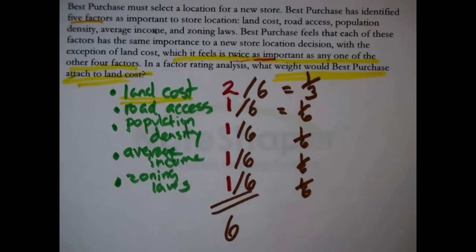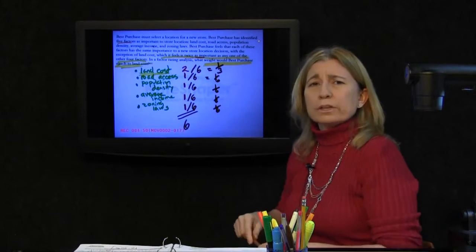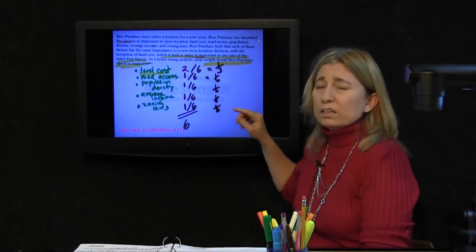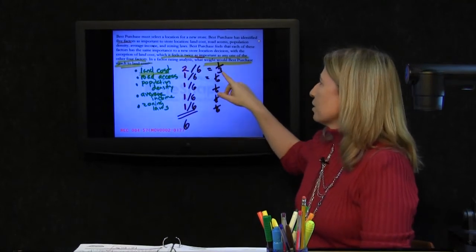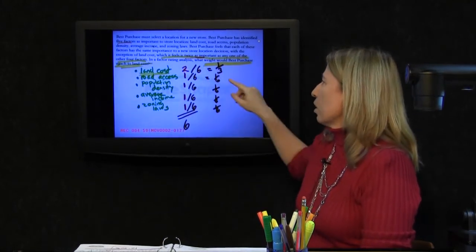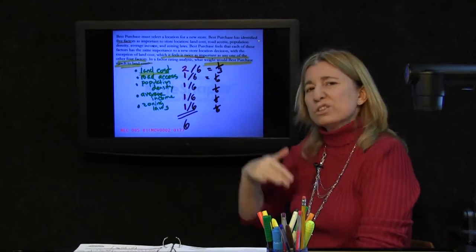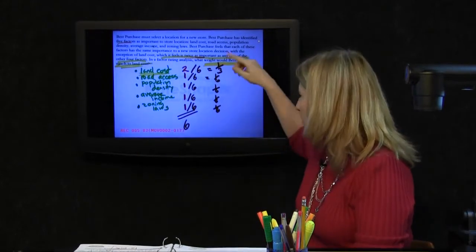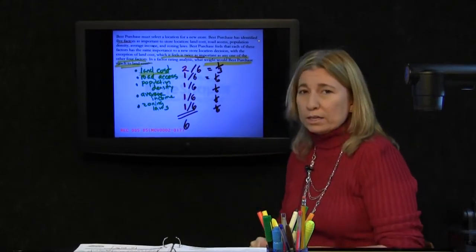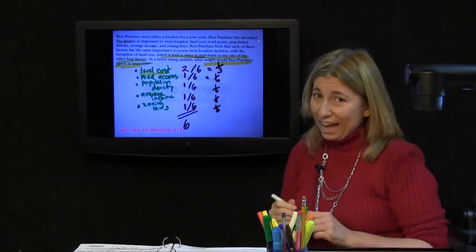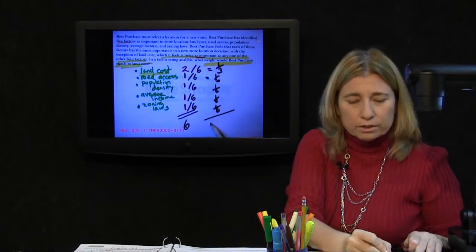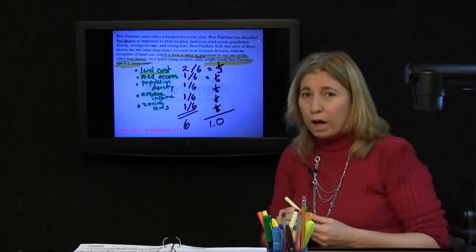Those are your weights. Those are the weights that you should use later as you are calculating the overall factor rating score of various locations. You should attach a weight of 1/3 to land cost and then 1/6 to each of the other factors. And check this. Remember, the key with weights is that across the entire set of factors, they should add to 1. This will add to 1.